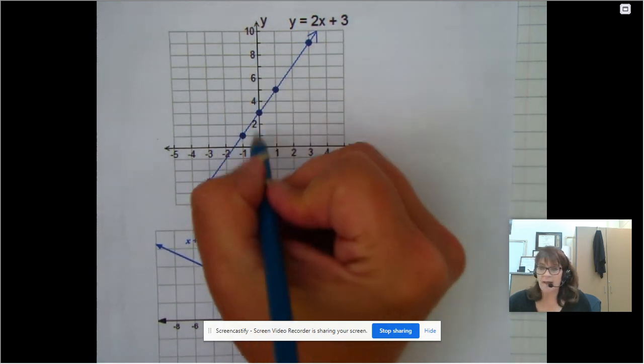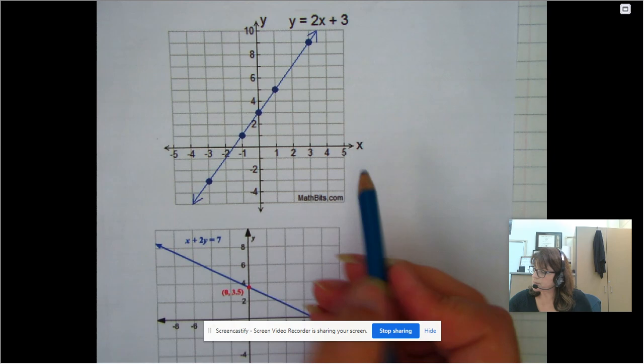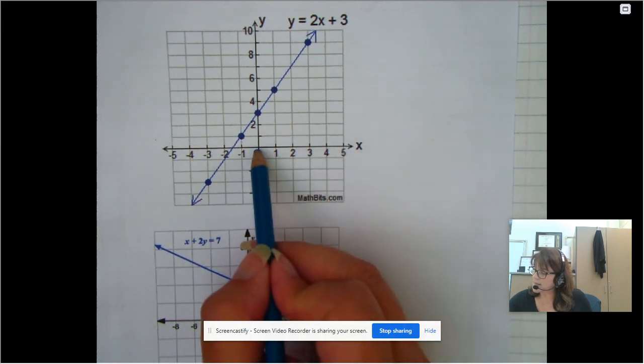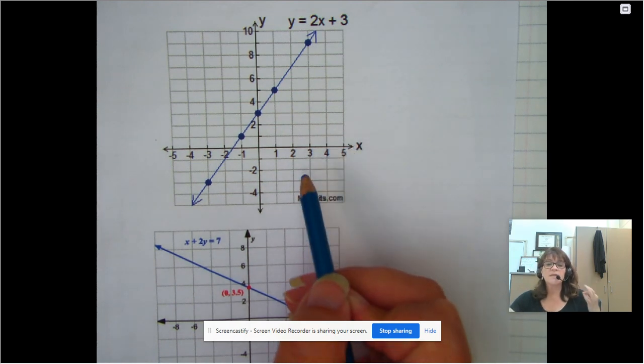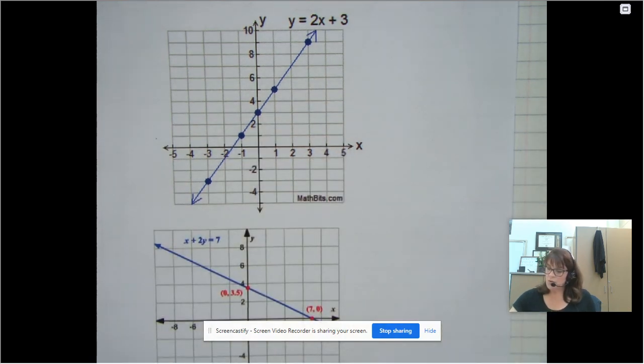So my y-axis is being counted by ones. My x-axis, 1, 2, 3, that one's being counted by ones. Please always double check that. Sometimes people count by fives or whatever.